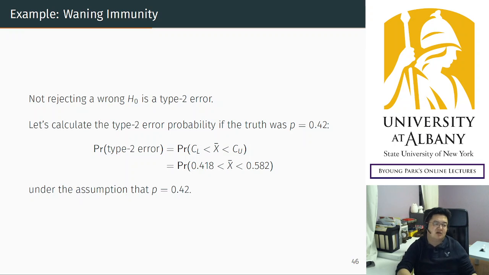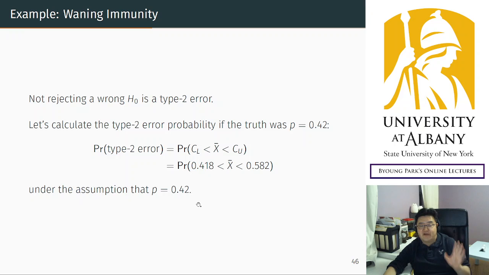But what is the probability that you fail to detect your wrong belief? So that is calculated this way. Type 2 error happens when you do not reject. You do not reject when x bar is between two critical values, like this, right? And this probability will be standardized using this assumption.